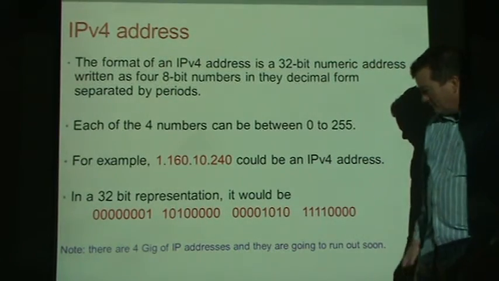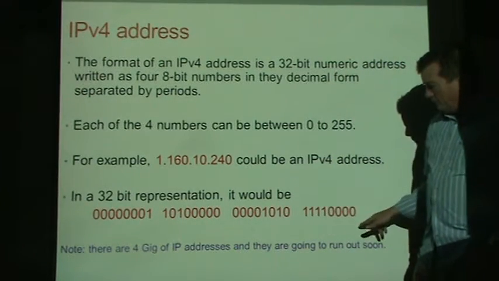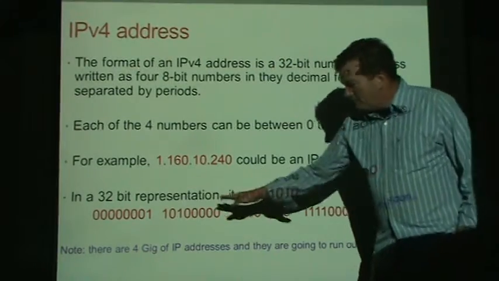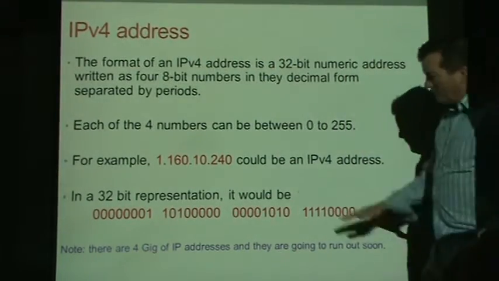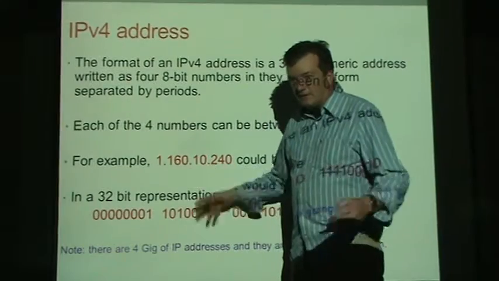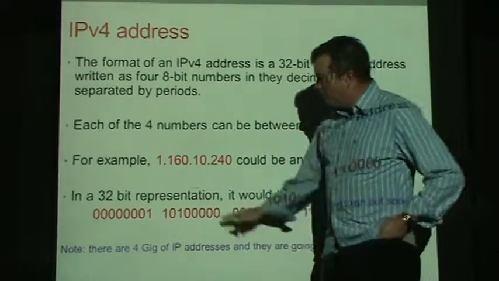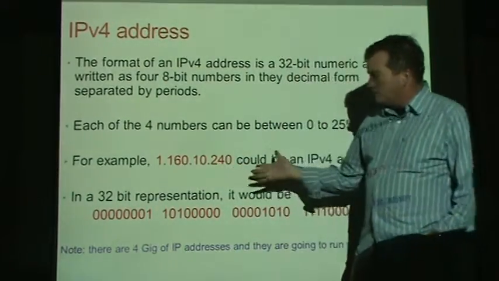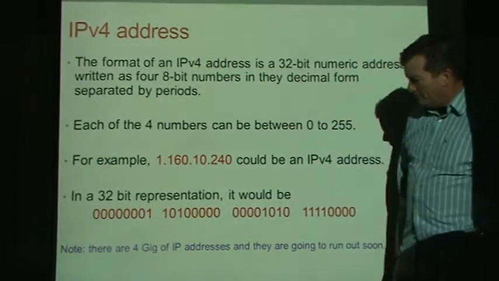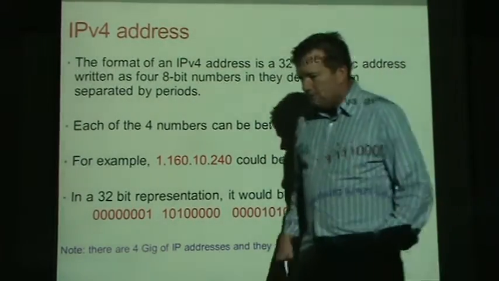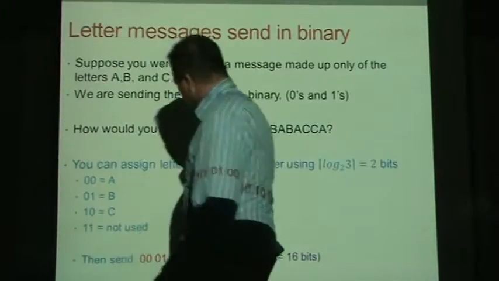That's 10 in binary. And then this is 240. So these would be the bits for this IP address. It's basically just two different ways of writing the same thing, a 32-bit number. You could write it out as 4 decimal numbers between 0 and 255 each, or you could write it out as the bit address. Okay?